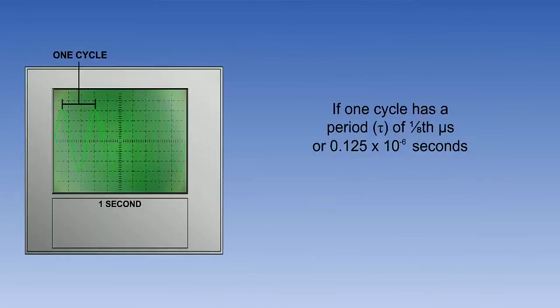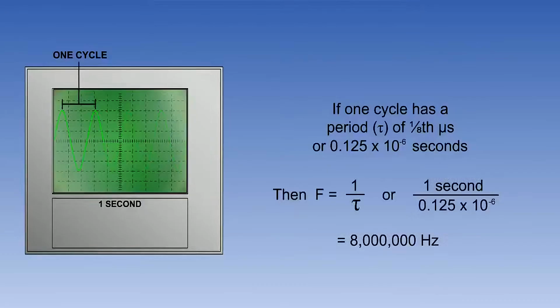If a radio wave takes 1/8 of a microsecond to complete one cycle, that is, 0.125 of a microsecond, we can see that it has a frequency of 8 million cycles per second or 8 million Hz.